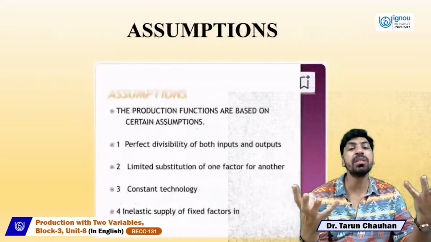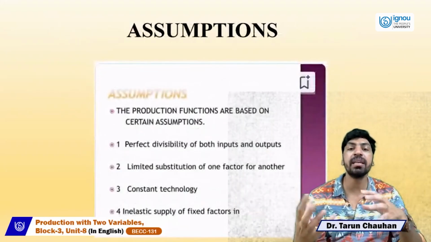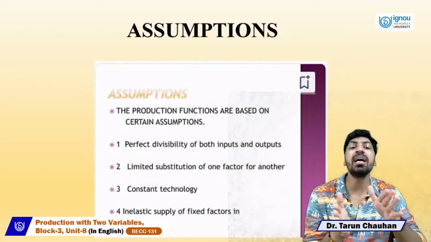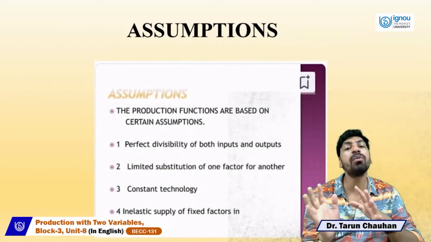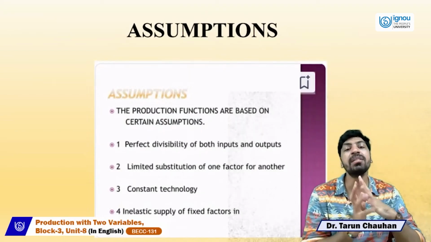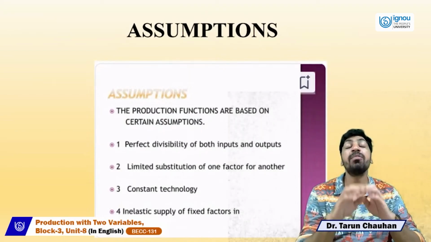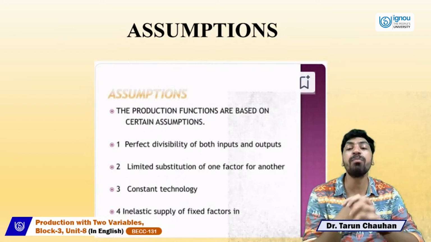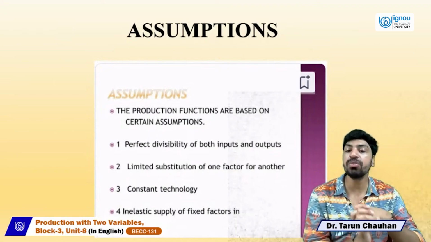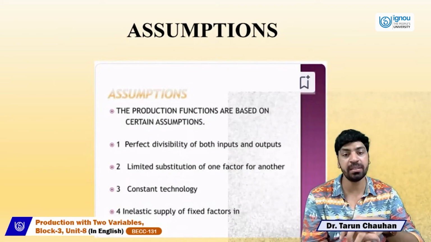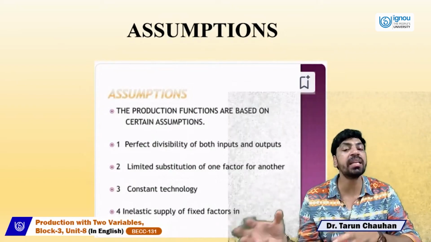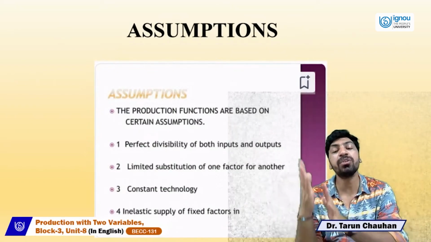What are the assumptions when it comes to production with two variable inputs? These are the assumptions consistently followed on a long run basis. The production function is based on certain assumptions: there is perfect divisibility of both inputs and outputs. The second is limited substitution of one factor for another, so whatever the input substitution, it has a limited extent from one factor to another.